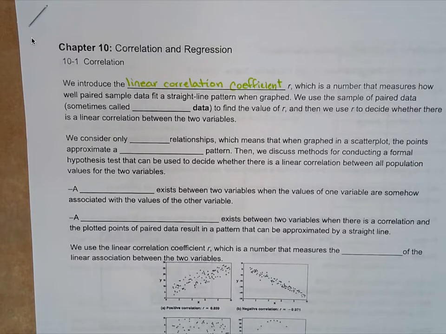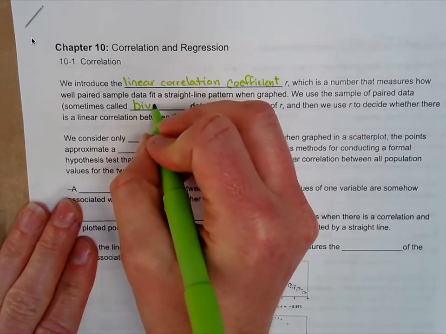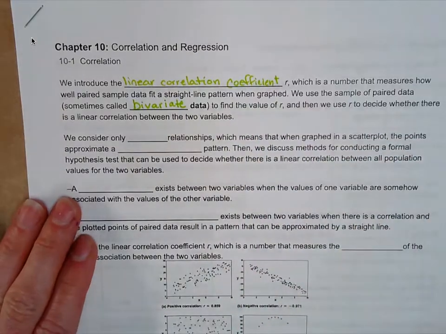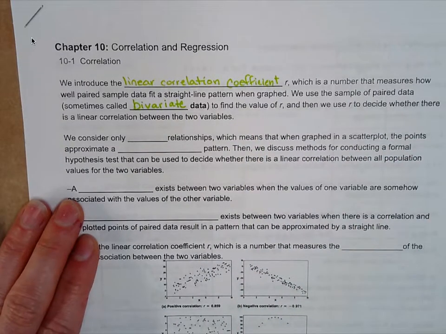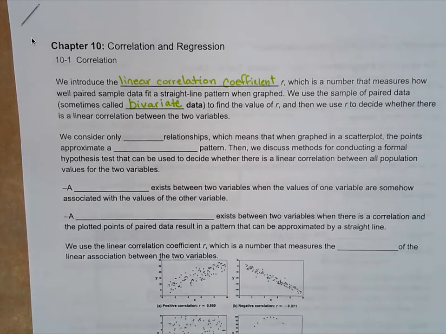We use a sample of paired data, sometimes called bivariate data, to find the value of R, and then we use R to decide whether there's a linear correlation between two variables.